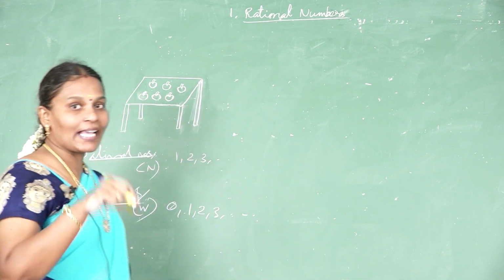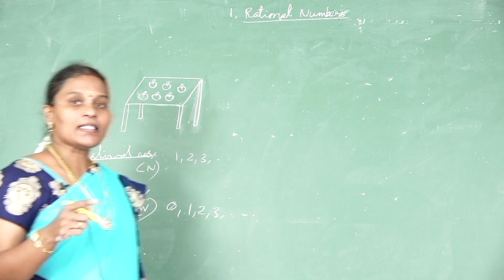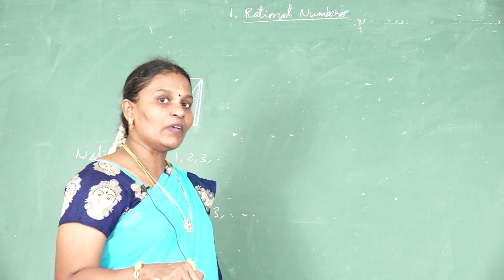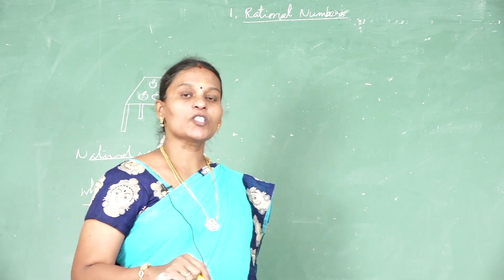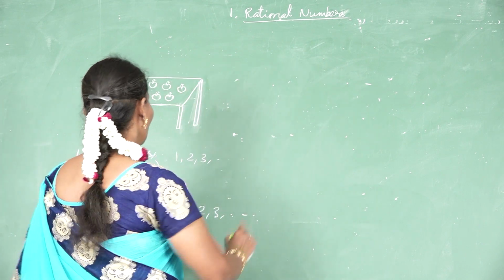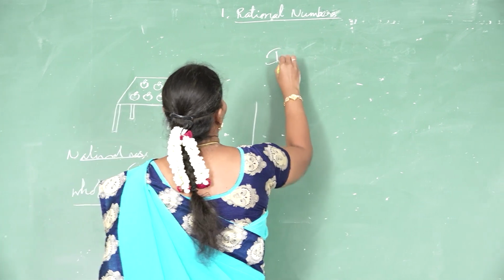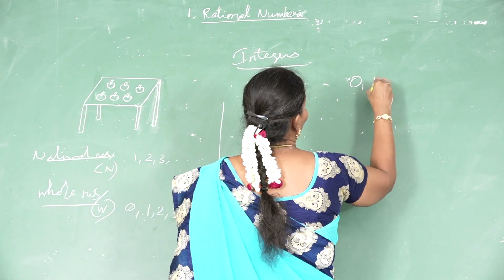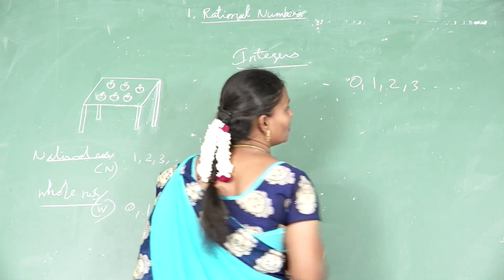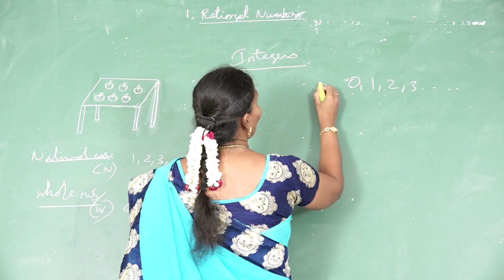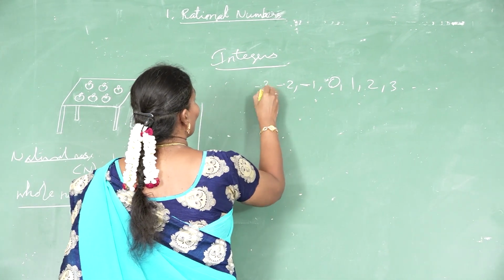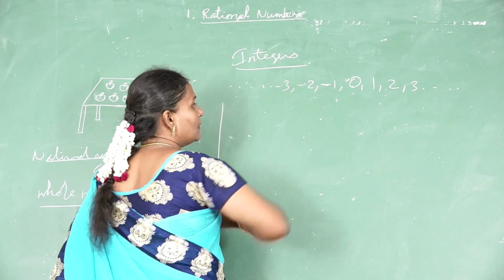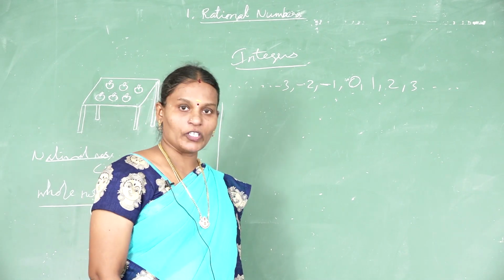These negative numbers added with the whole numbers are called integers. So what is meant by integers? 0, 1, 2, 3, etc. are whole numbers. Whole numbers added with the negative numbers are called integers.